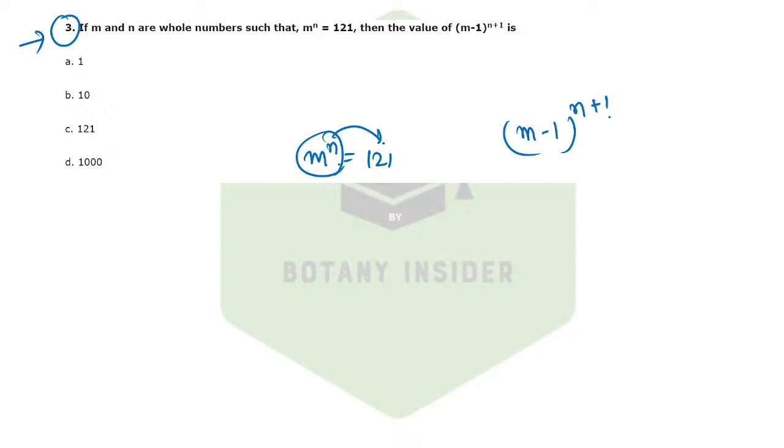Try the question, everyone. It's given m to the power n is 121. You need to find out the value of m minus n to the power n plus 1. Giving you a minute to solve, then we'll do it together.